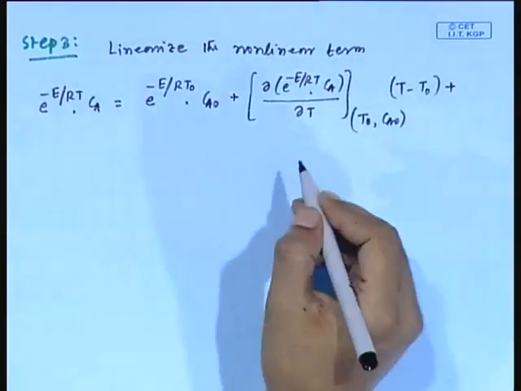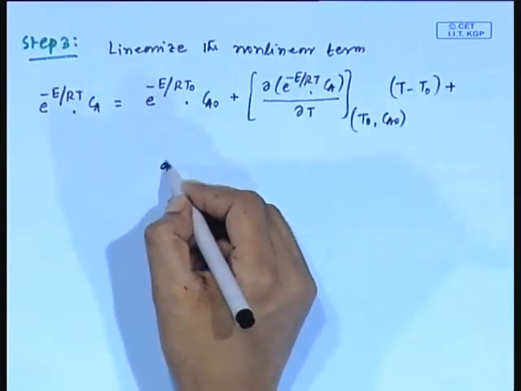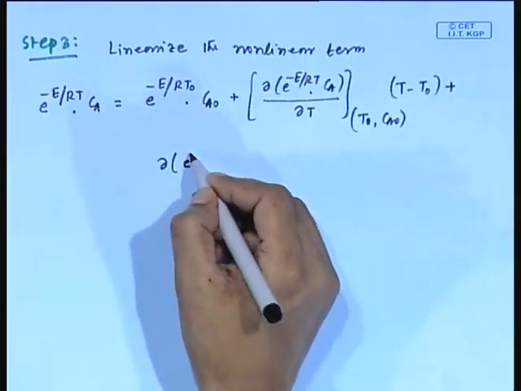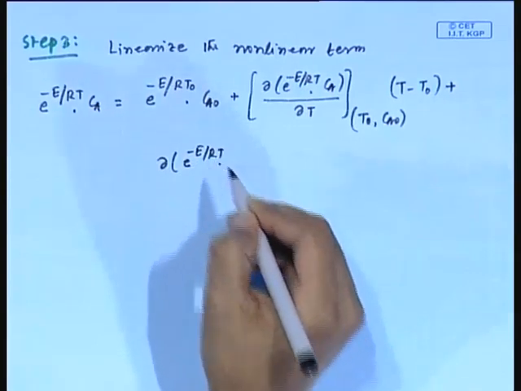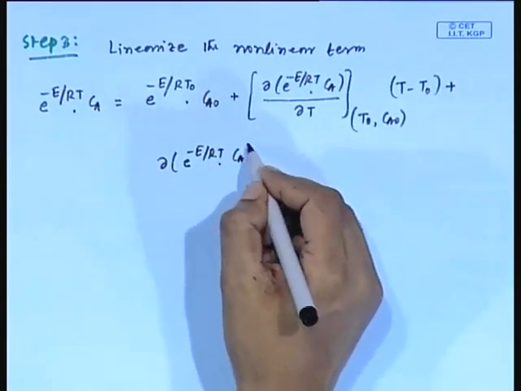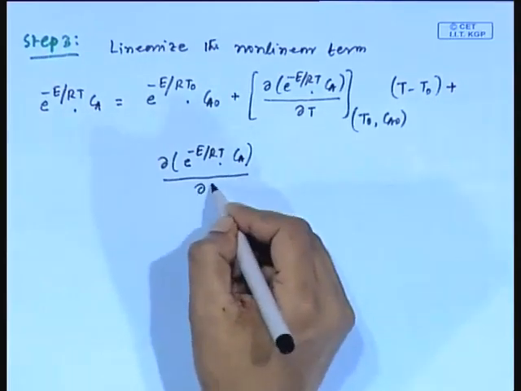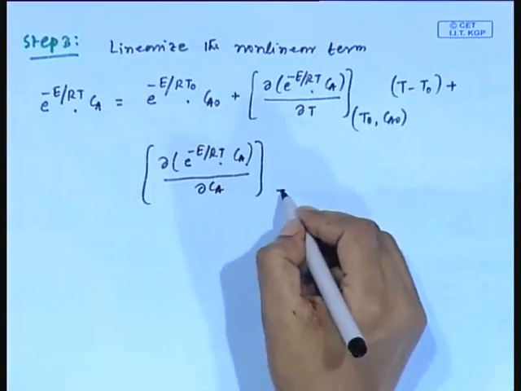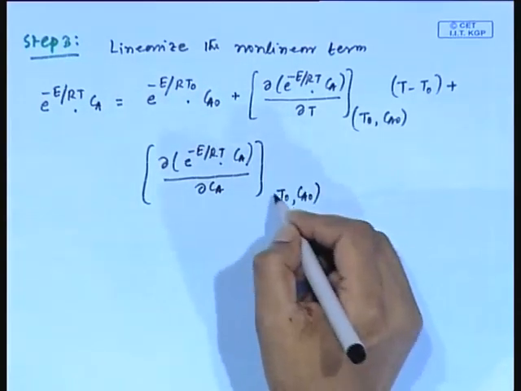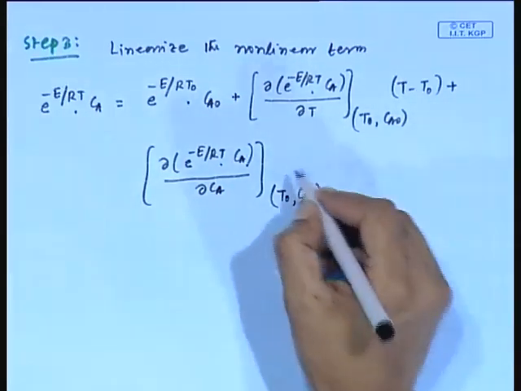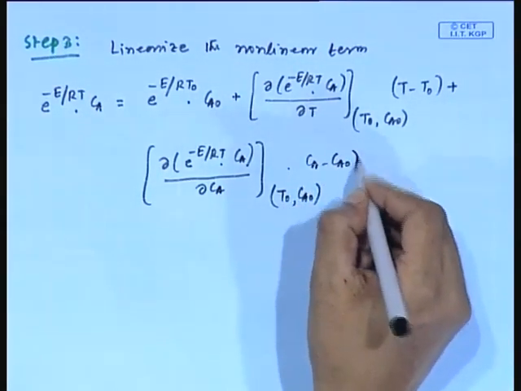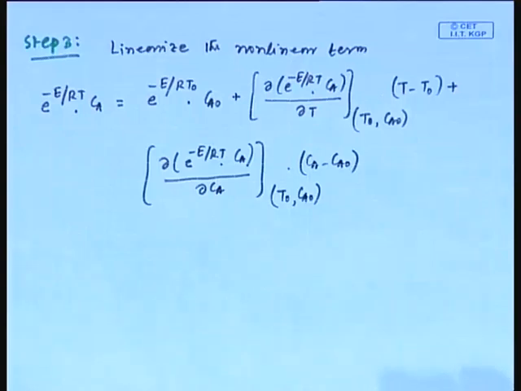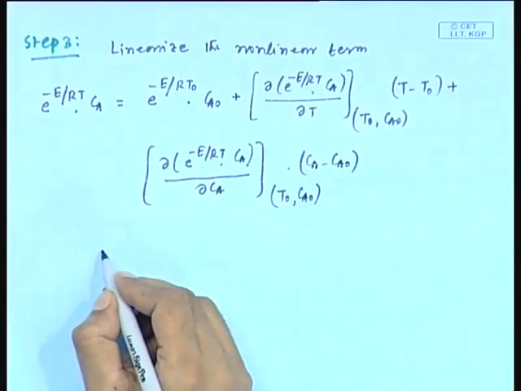Similarly, we will differentiate with respect to CA at T naught, CA naught, and we will multiply with CA minus CA naught. Here also we are neglecting the terms of order 2 and higher. So, what we will get finally?